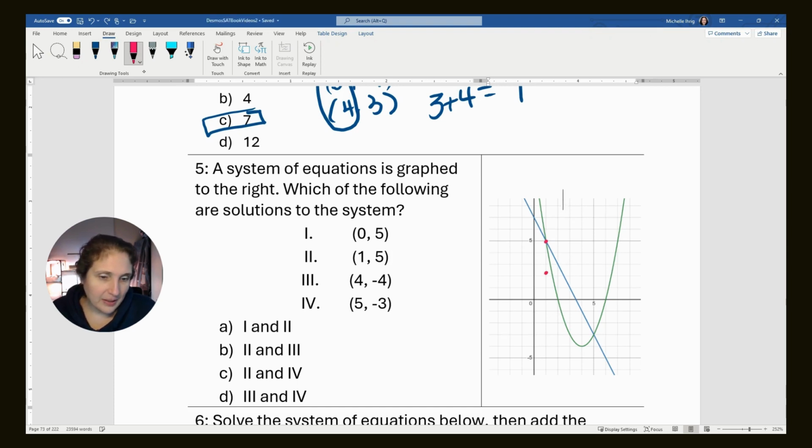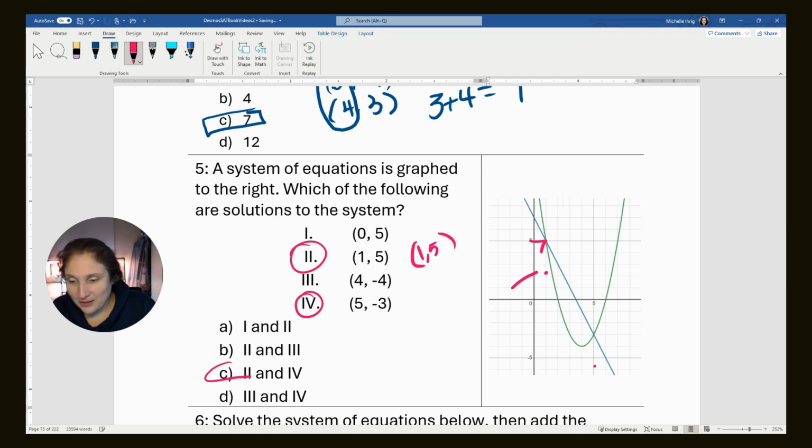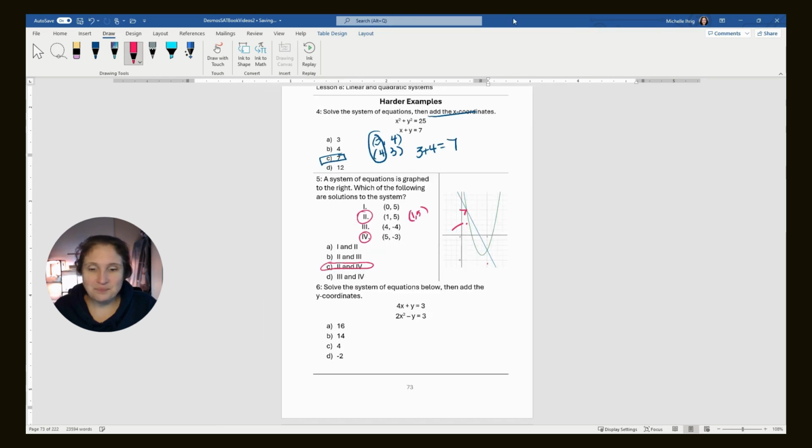Right here, we have a solution at 1, 5. So this is correct. And we have a solution right here at 5, 1, 2, 3, negative 3. So this is correct. And so we have number 2 and number 4. The one that has 2 and 4 is the letter C.